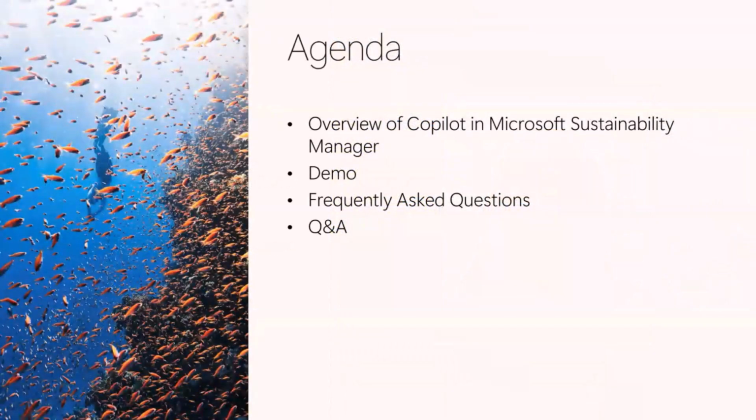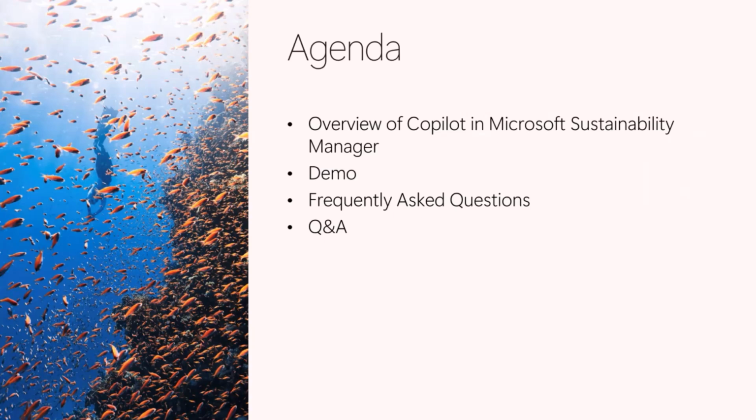Let's go over the agenda for today. So we'll begin with an overview of Copilot in Microsoft Sustainability Manager. Through this, we'll spend a little bit of time talking about the different skills that Copilot has within the product and how each of them can be utilized.